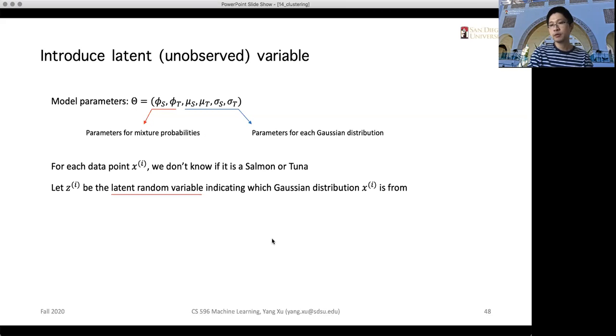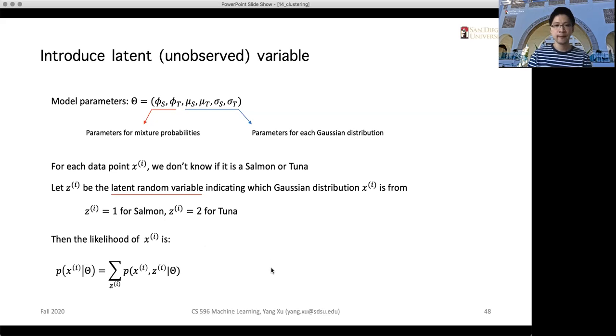We will construct a latent random variable, which is called z, and zi indicates which Gaussian distribution xi is from. So it's an additional random variable. zi equals 1 is for salmon and zi equals 2 for tuna. That is our assumption. It can also be other arbitrary values other than 1 and 2, but we use 1 and 2 for simplicity.